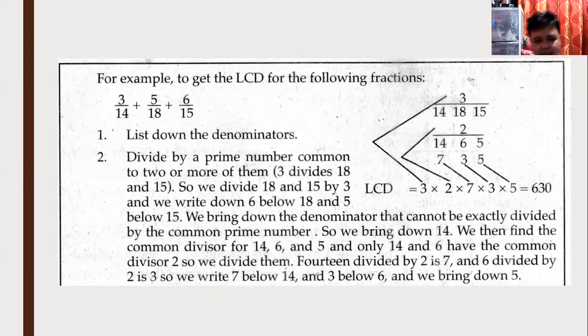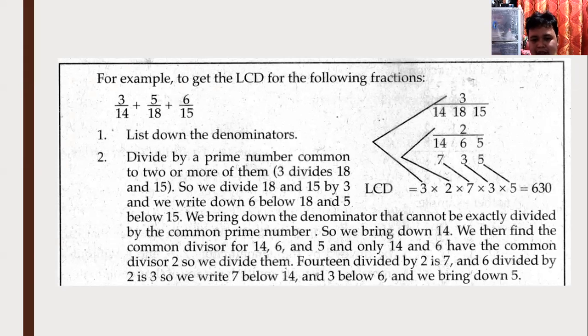So, 3 over 14 plus 5 over 18 plus 6 over 15. I-list down mo yung denominators: 14, 18, 15. Nang malist down mo, yung 3 i-divide mo sa 18 at 15 kasi yun naman yung divisible doon sa dalawa. So, nung i-divide, write down 6 at 5.